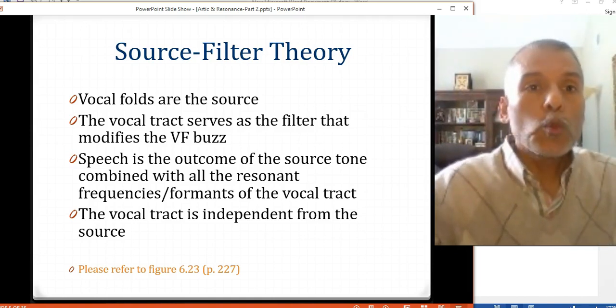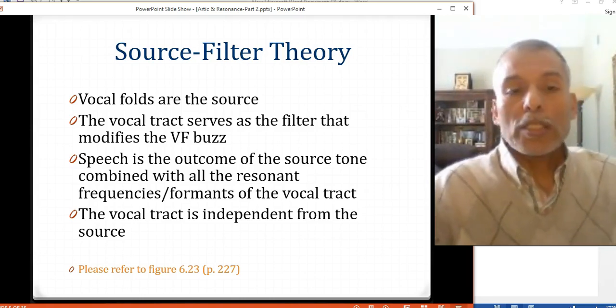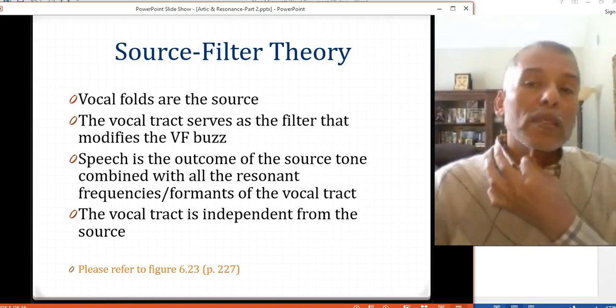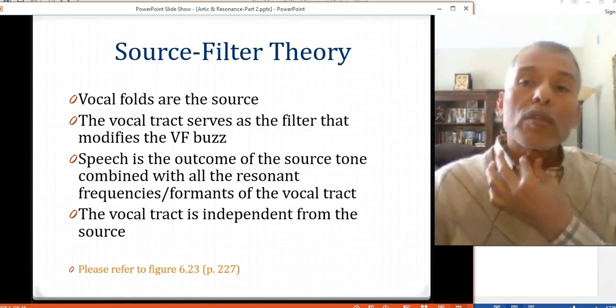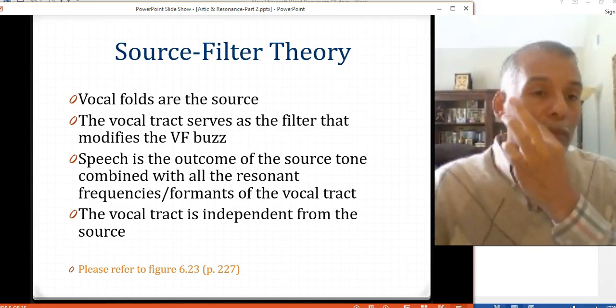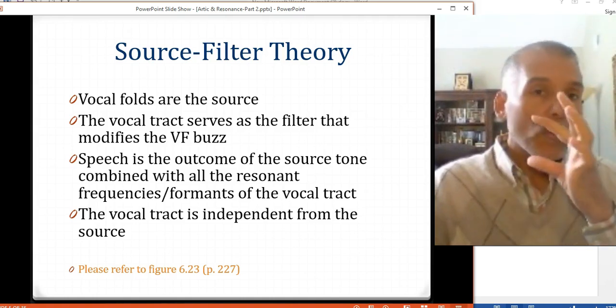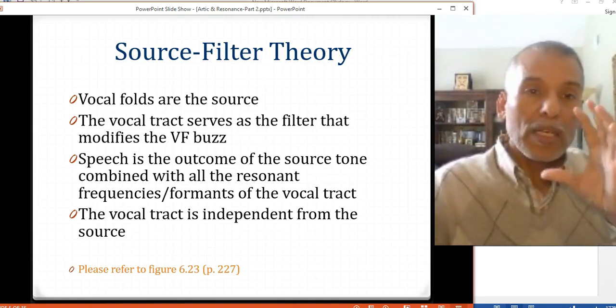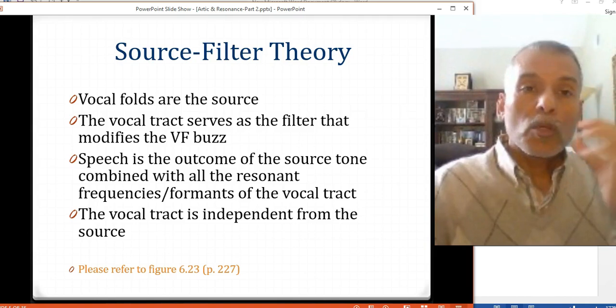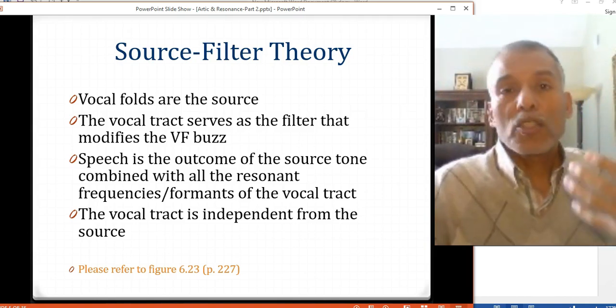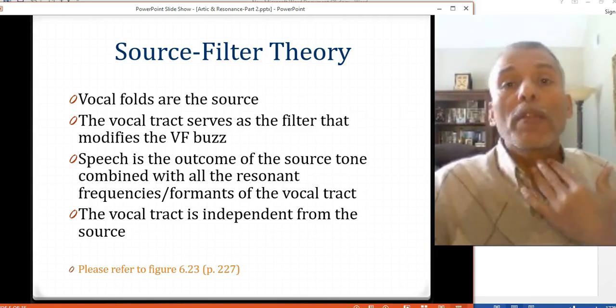So as you see now, the same buzz that is coming out of the vocal folds is being shaped as it goes through the vocal tract into a different sound. So the vocal tract can function independent of the source.